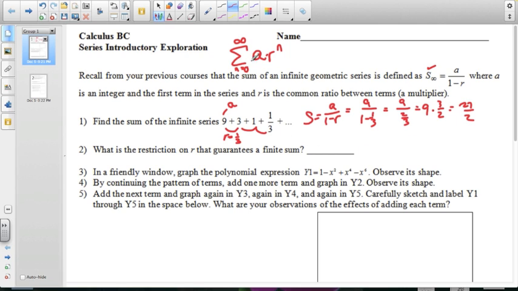When we talk about geometric series in general, the restriction, if you remember, is the absolute value of r has to be less than 1. In other words, we have to trap r between -1 and 1. So this common ratio has to be something that causes these terms to get smaller and smaller and smaller.